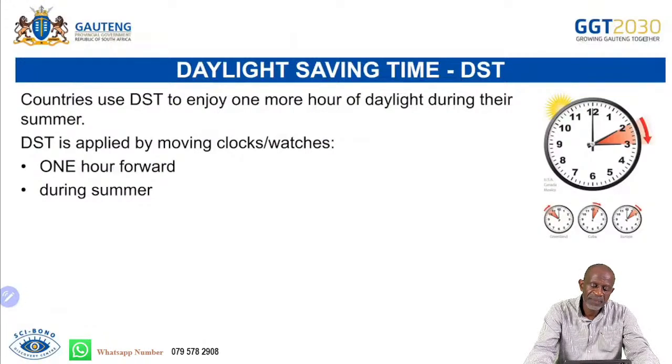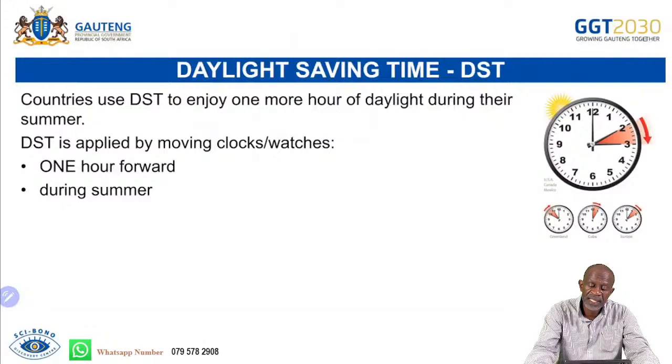Daylight saving time, in short DST. Countries use DST to enjoy more hours of daylight during their summer. DST is applied by moving clocks or watches 1 hour forward or ahead, and this happens during summer.